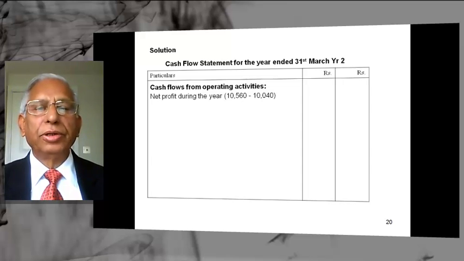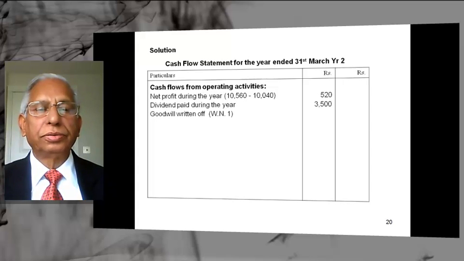Now net profit during the year: 10,560 minus 10,040, because he has given you profit for the 2 years. So net profit during the year is 520. Dividend paid during the year 3,500.